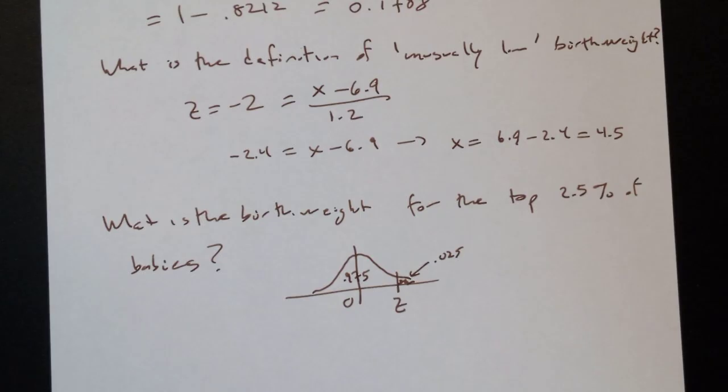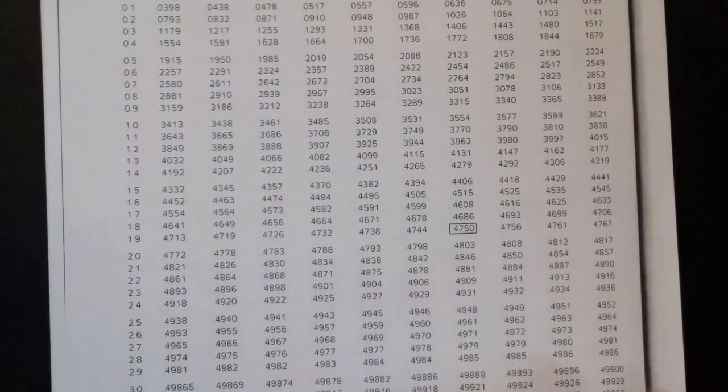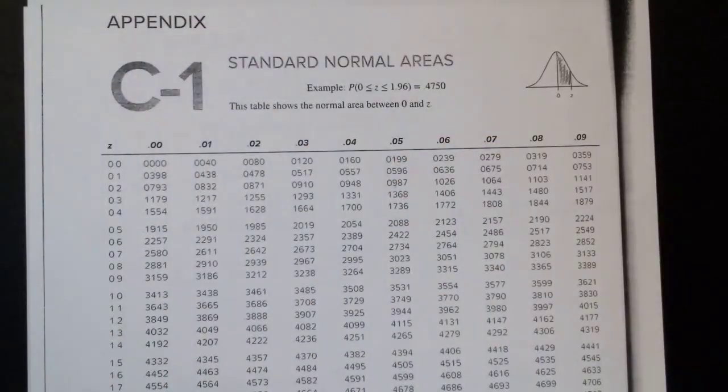Now I am going to tell you that both of our normal distribution tables use this number a lot. Matter of fact, here in table C1, I'm not going to find 0.975. In this table, what am I going to find instead?